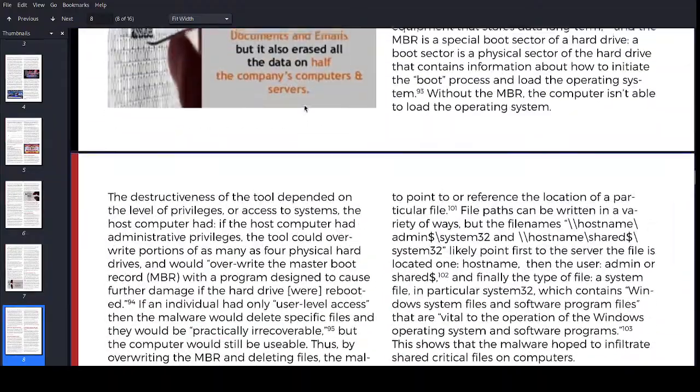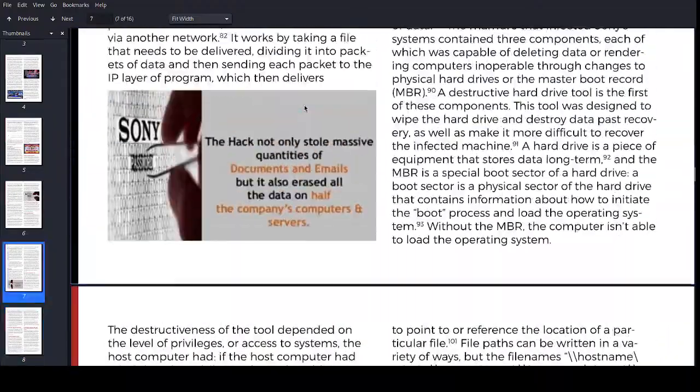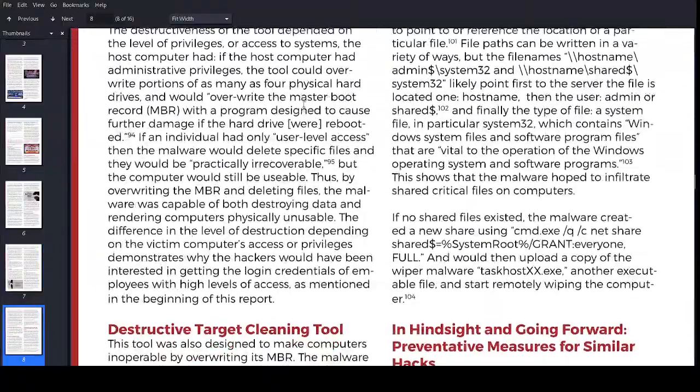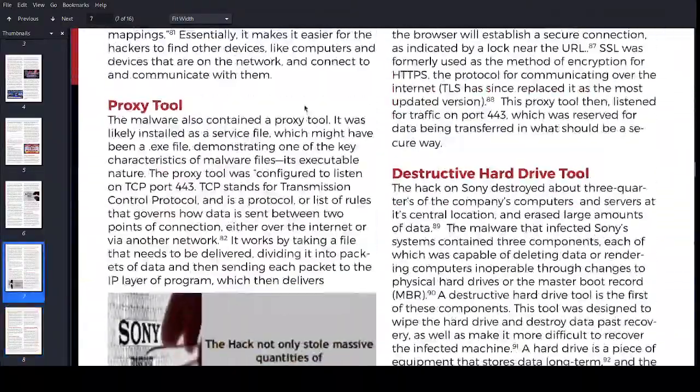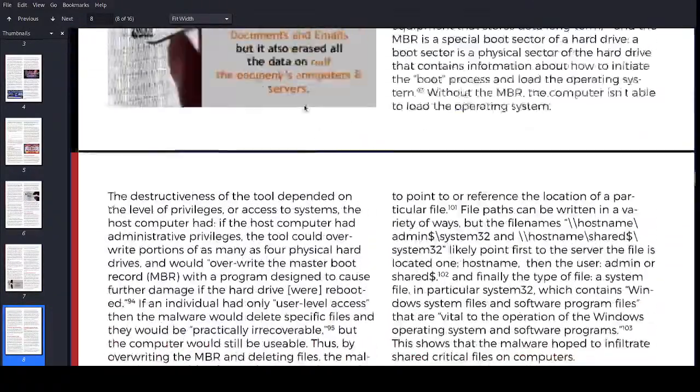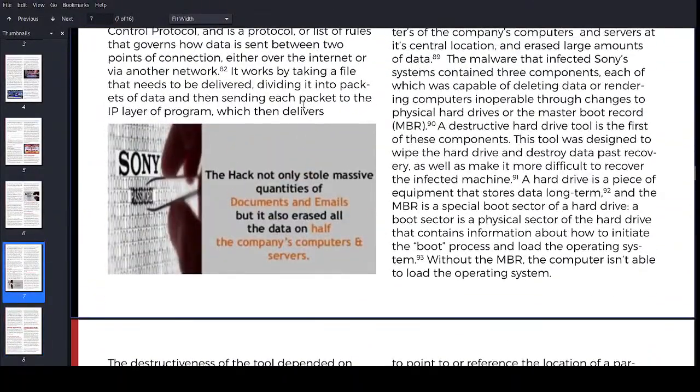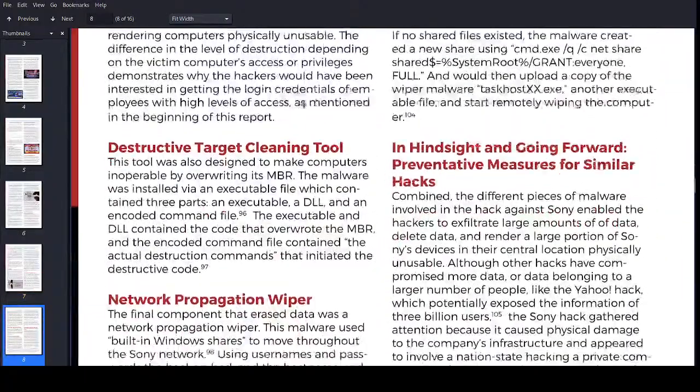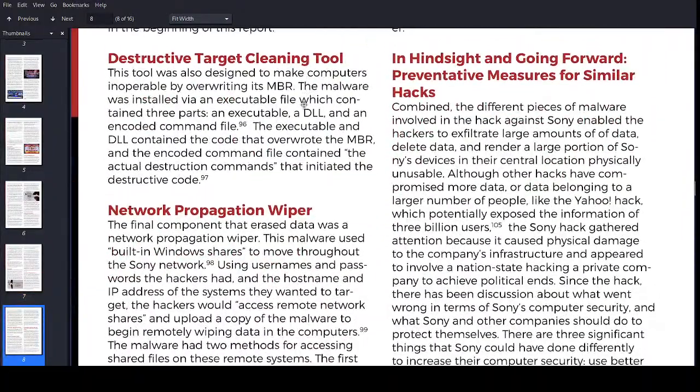I don't know if you've ever turned on the computer and the first thing that you see is a boot loading screen, the BIOS screen.